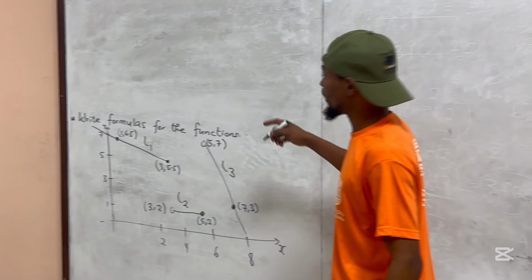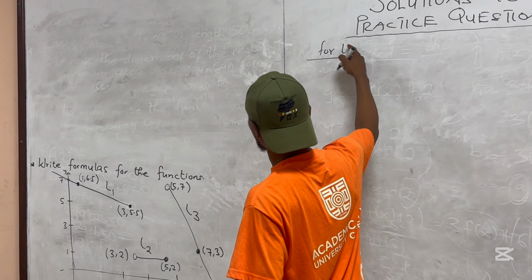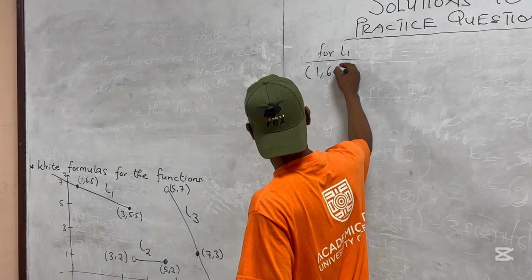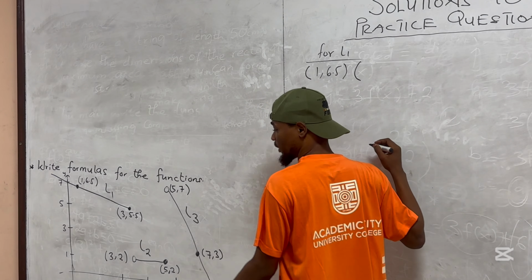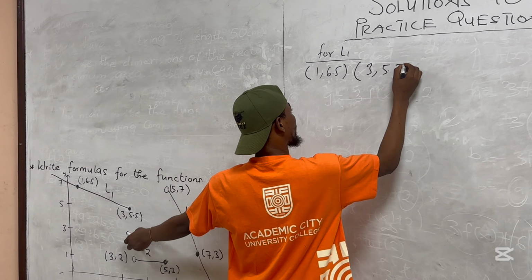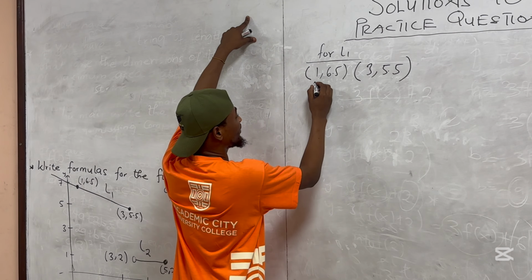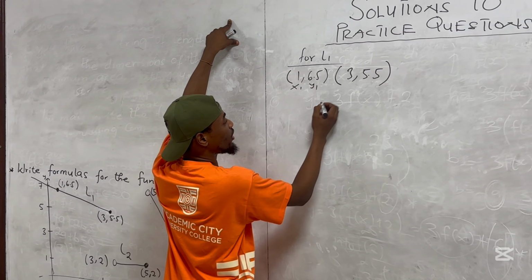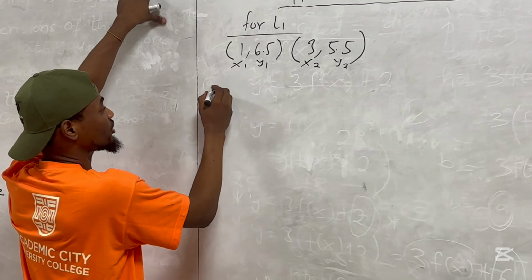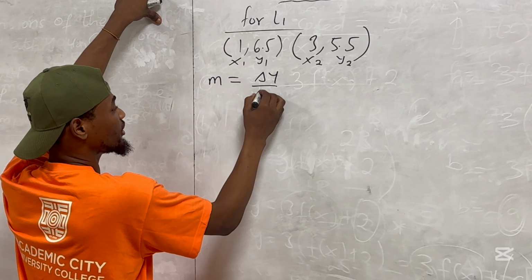So for L1, okay. So for line 1, these are the coordinates. 1, they have 6.5. They have another point, this 3, they have 5.5. Okay. So if this is x1, y1, this is x2, y2, I'll just find the gradient. Okay. So I have gradient equals change in y over change in x.